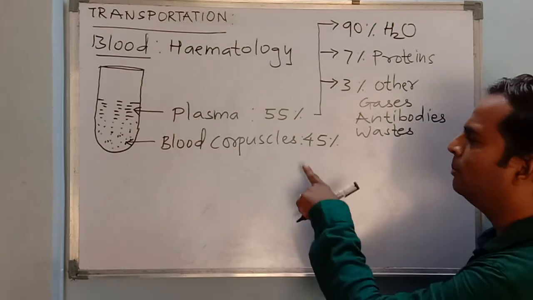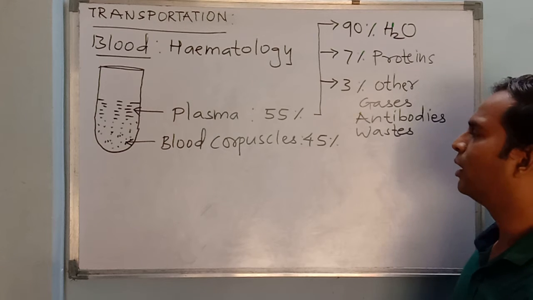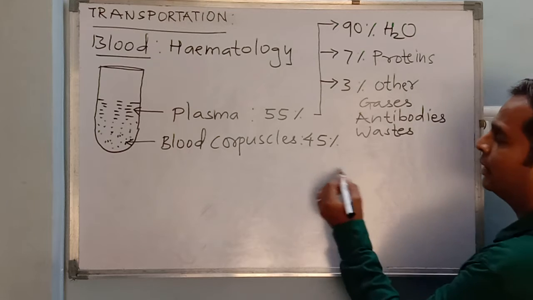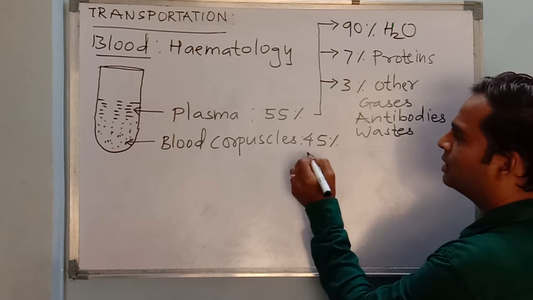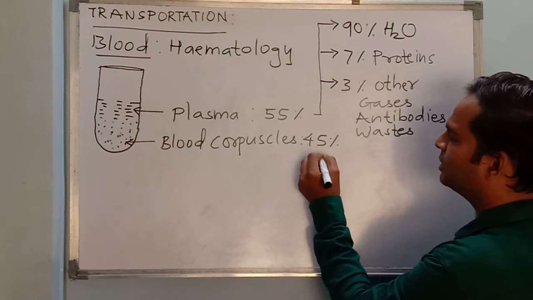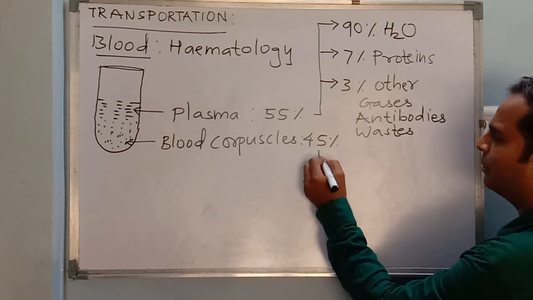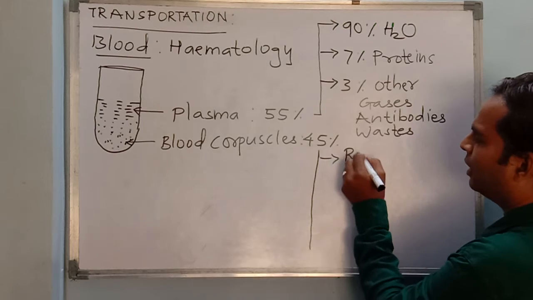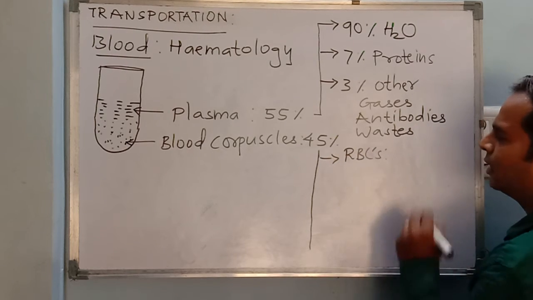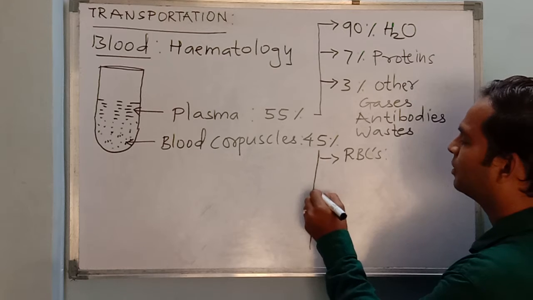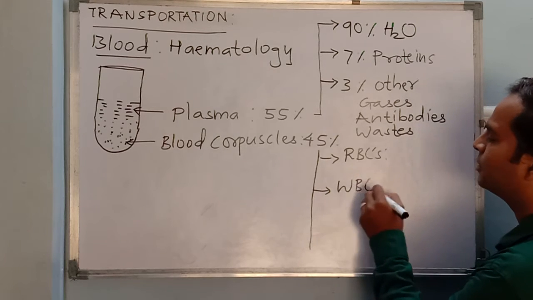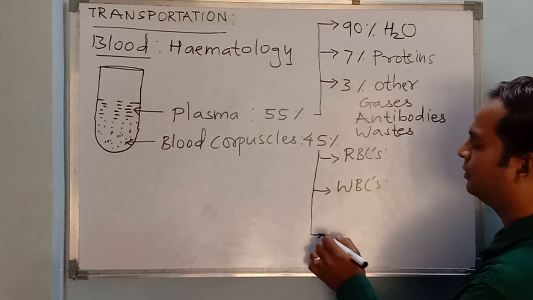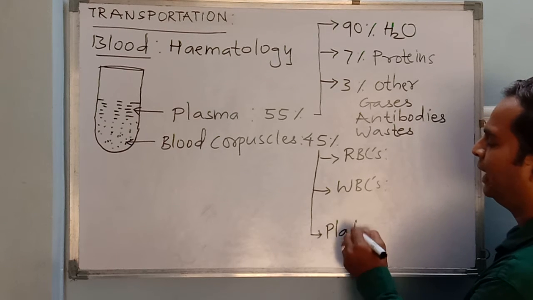Now what comes in the blood corpuscles? When we say blood corpuscles or blood cells, it consists of three main blood cells, and we can call them RBCs, red blood corpuscles, WBCs, white blood corpuscles, and platelets.